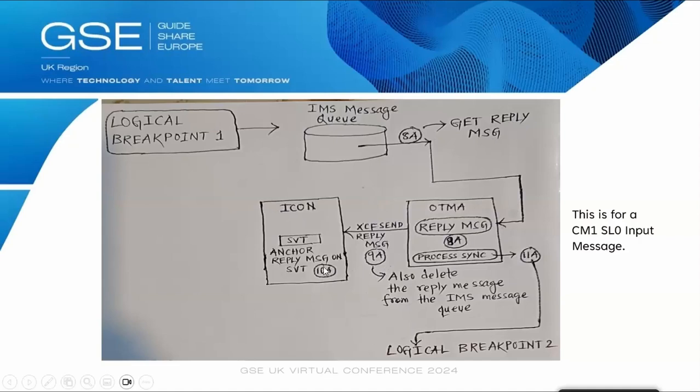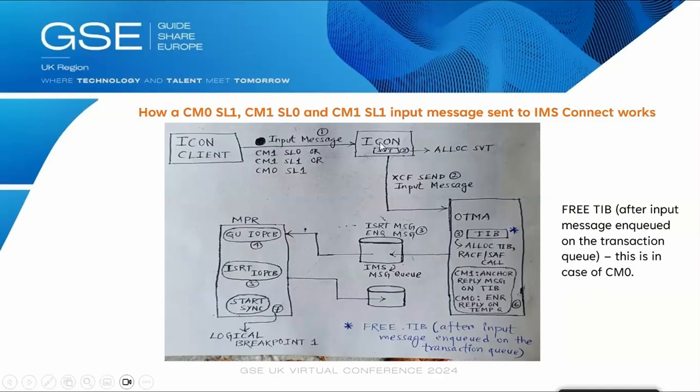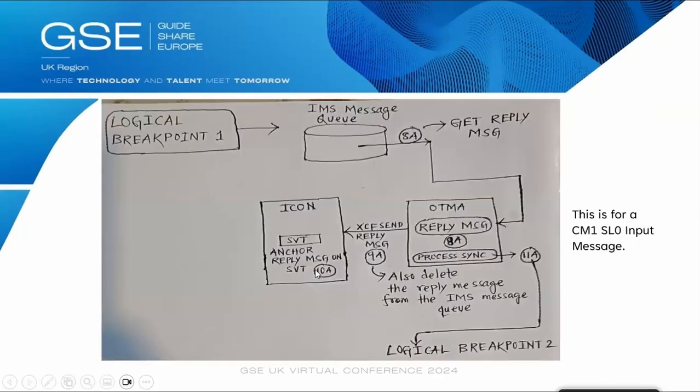Remember, on the first slide, on IMS Connect point number 2, there was an SVT control block that was created. So over here, IMS Connect will anchor the reply message on the SVT and waits for the deallocation message from OTMA.